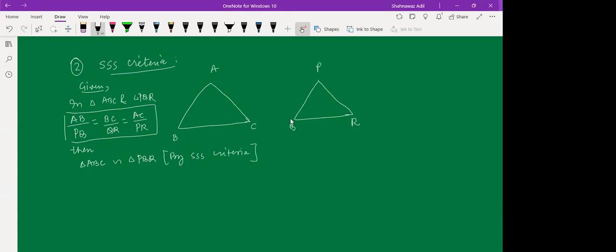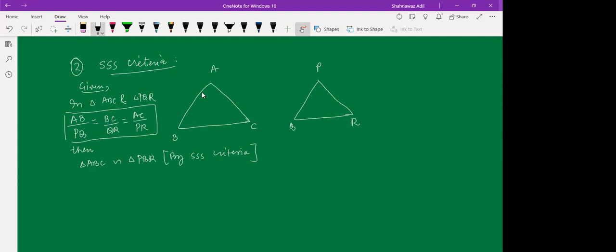Is it fine if we write after AB by PQ equal to AC by PR, then equal to BC by QR? Yes, you can write it in whatever way.